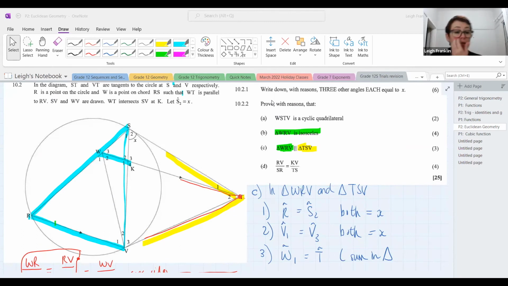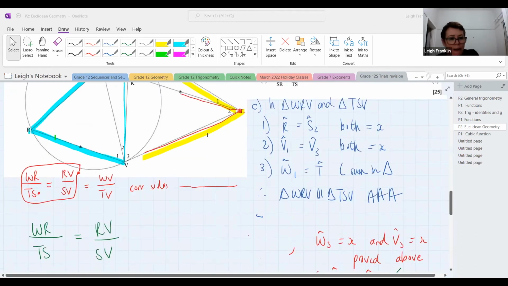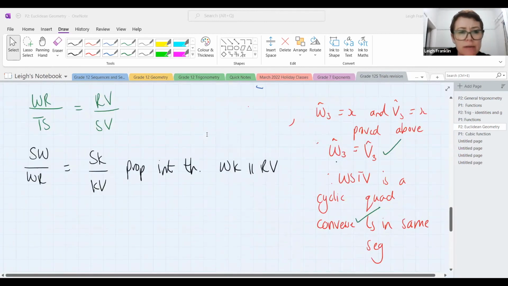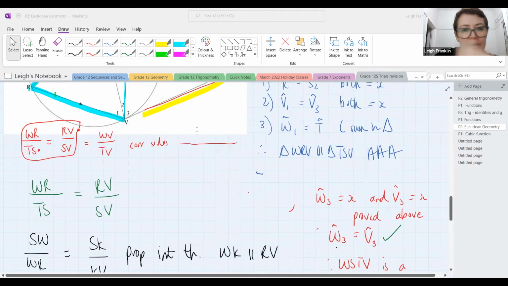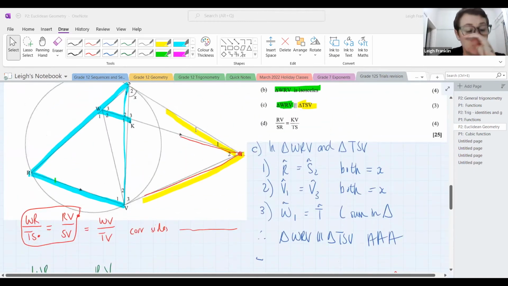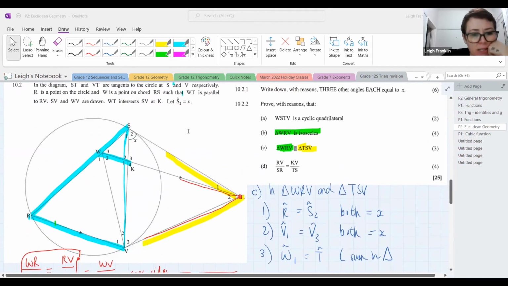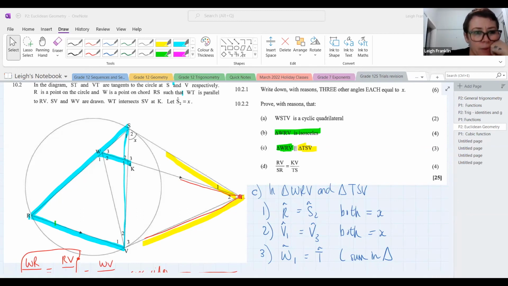Yeah, you're looking at which triangles you're going to work in. I'm sorry, I'm just feeling a bit stressed out now because the lesson has ended and I just need a little bit more time to think about this. SR is that side over there. If they're talking about RS and KV, RS is this whole side over here, and KV is this side over there.